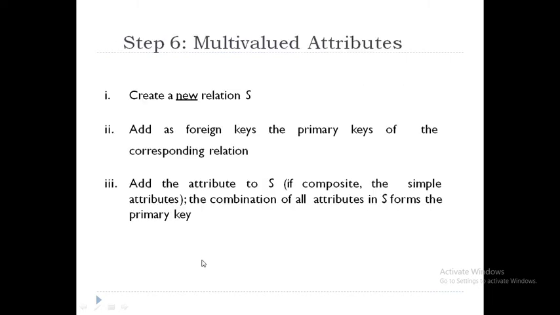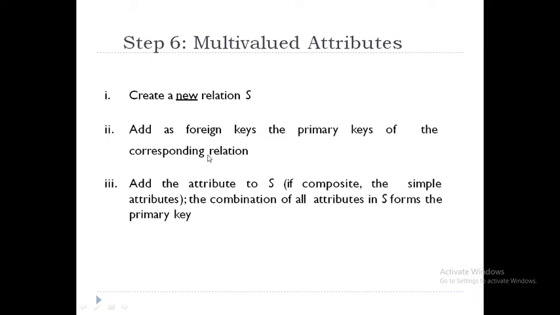Now the sixth step: if you have multi-valued attributes, how will you map them? As I said, in a relation you can have only simple attributes, right? If you have observed in the ER diagram, department has locations as a multi-valued attribute. For this multi-valued attribute, you have to create a new relation, and then add as foreign keys the primary keys of the corresponding relation.